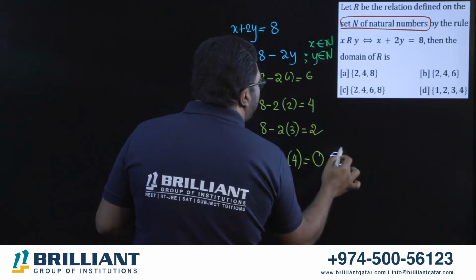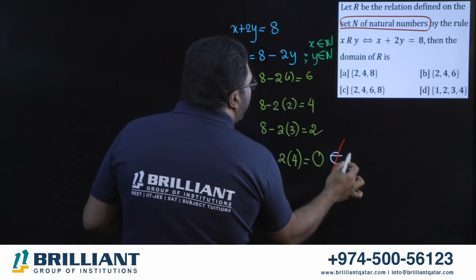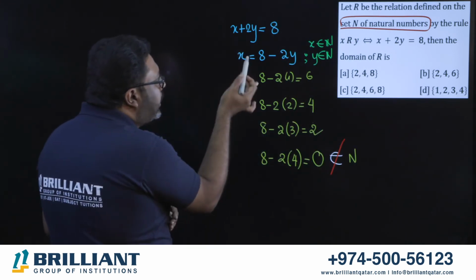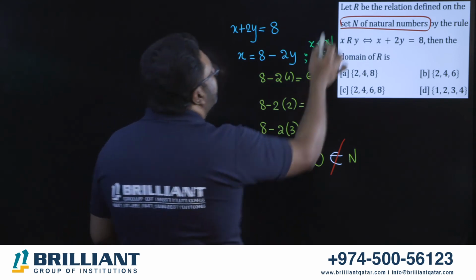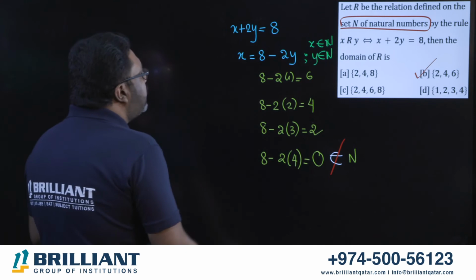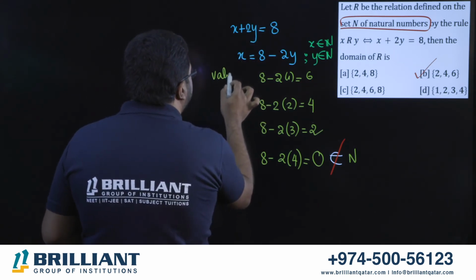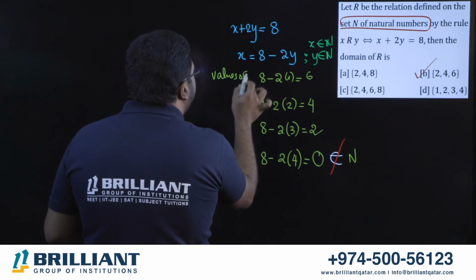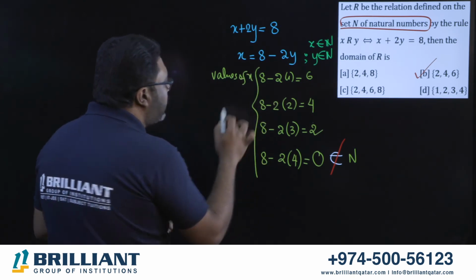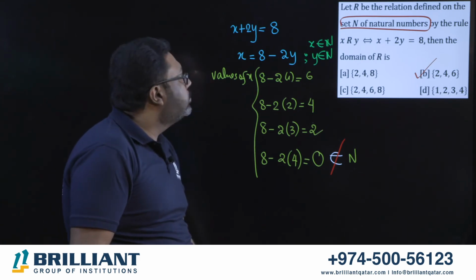So what is my answer going to be? The set of numbers 6, 4, 2, or 2, 4, 6, which are the values of x. The domain is the values of x. Okay, easy answer. Let's go for the next question now.